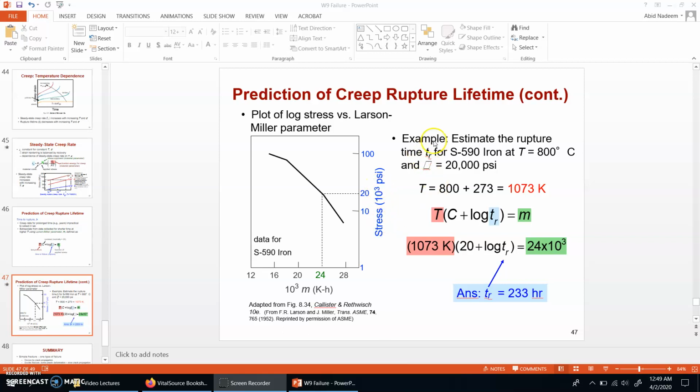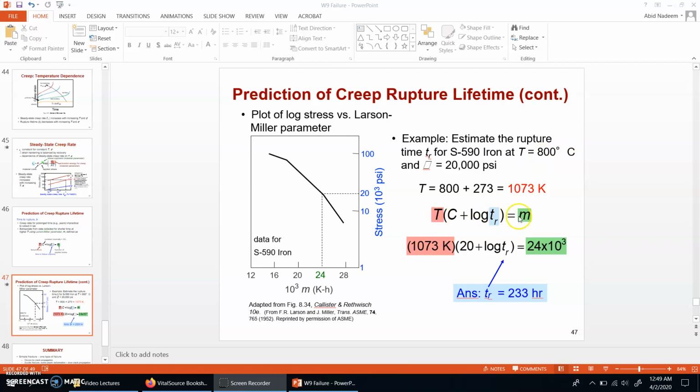So as an example, we need to estimate the rupture time for an S590 iron at 800 degrees centigrade and at 20,000 pounds per square inch stress. So the temperature is actually 1073 Kelvin, corresponding to 800 degrees centigrade.